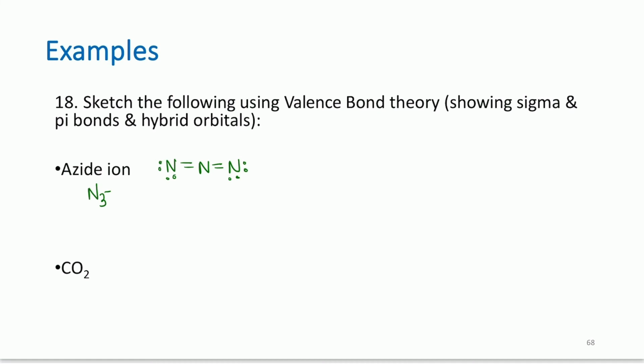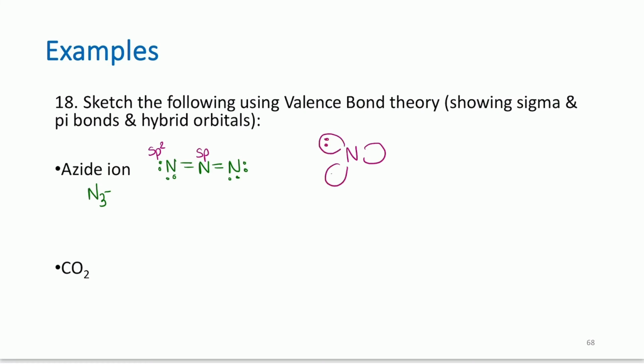Right off the list, hopefully you find this structure as well. This is the right structure. So, the 2 nitrogens on the end are each equivalent, and they each have 3 areas of electron density, so they are sp2 hybridized. The one in the center has 2 areas of electron density, so it's sp hybridized. So what does this look like? Remember, sp2 hybridized means that it's trigonal planar.